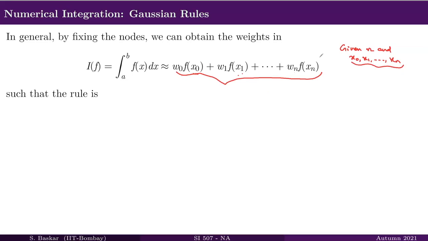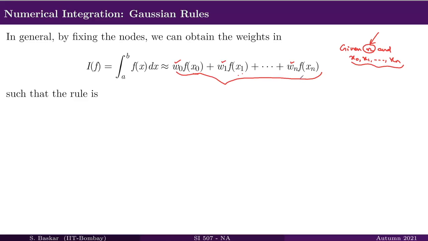Now what we will do is, you give me only n. This is the only input that you take, whereas the nodes as well as the weights are not fixed for us. But we have to find all these parameters as part of the derivation of the quadrature rule. That is the idea. Therefore, how many unknowns are there in the general form of the quadrature rule?